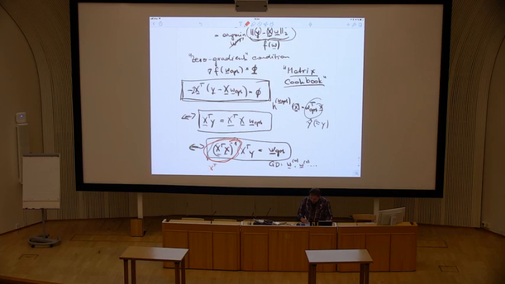So this works if X^T X is invertible. This equivalence doesn't hold in general. It only holds when this matrix product is invertible.